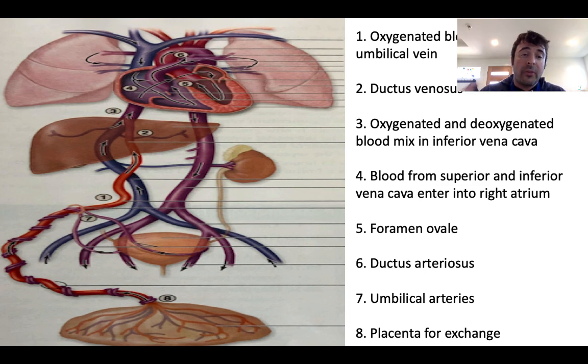So go over fetal circulation a few times, label those. Now, once a baby is born, a few interesting things actually happen here. There are a series of chemical signaling molecules called prostaglandins that create a change in which the different structures become different things. So the umbilical vein and the umbilical artery become the round and the umbilical ligaments.